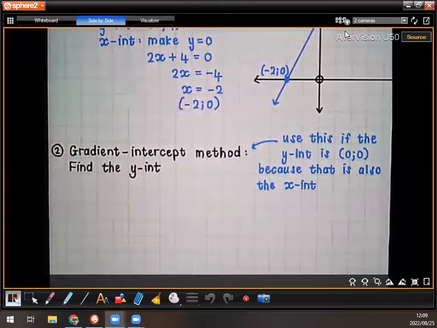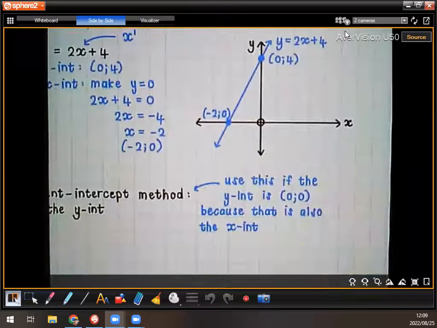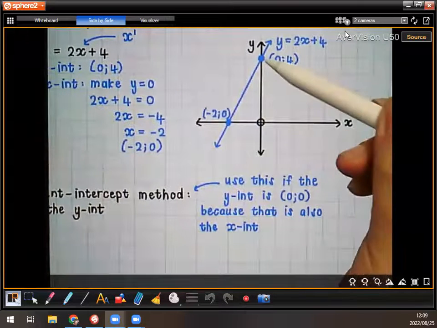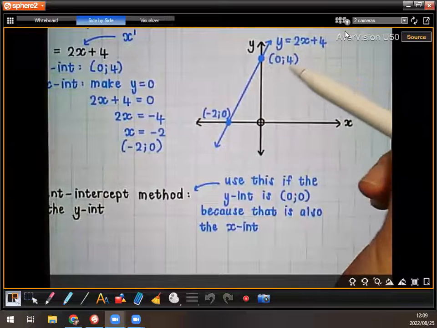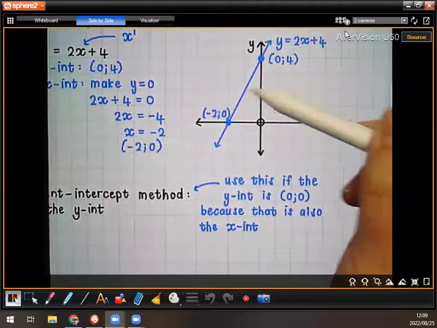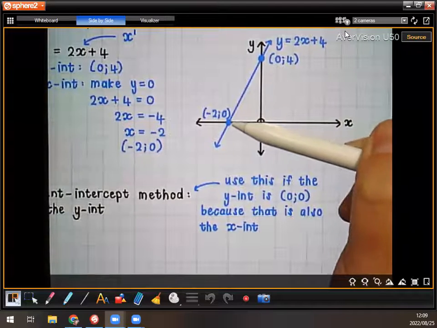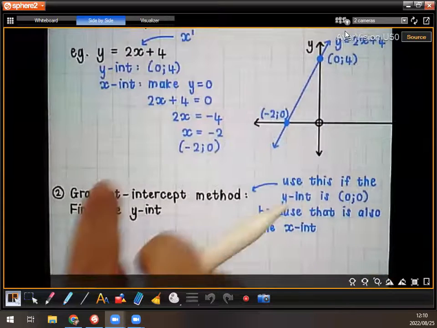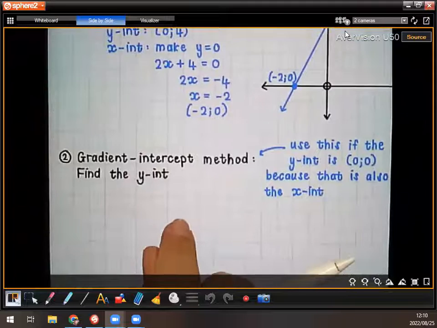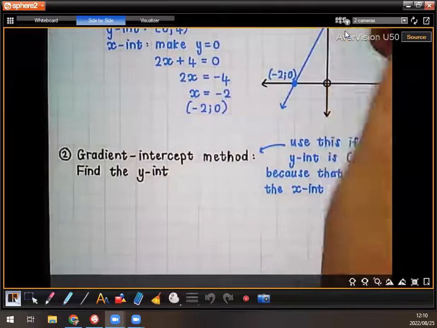If you are using the gradient intercept method for a graph like this one here, and I'm going to show you now, you have to do a counting thing using the gradient. You probably wouldn't have gotten this x-intercept by doing your counting. So you would have another point on the line, but you wouldn't get a mark for that point because they'll be looking for the mark. Okay, so you can use this method for any, but only use it if the y-intercept is 0.